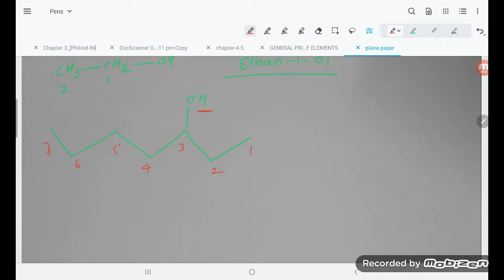If you start from the other side, the numbering will be wrong, because the position will be too high. So what will be the name? Word root: 7 carbons is hept. Single bond is ane. On the third position the OH group is there. So heptan-3-ol. This is the answer.